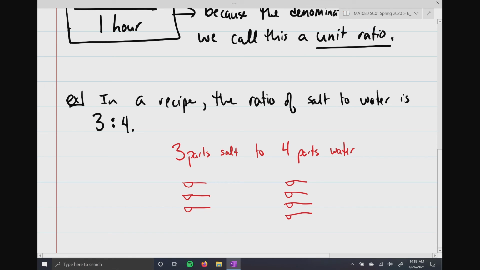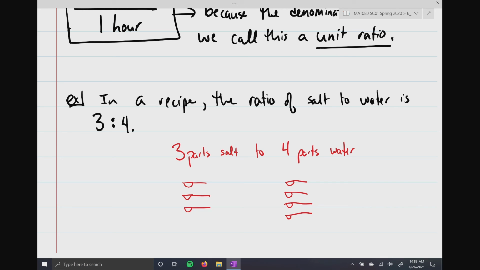But all this means is that if I'm going to use this teaspoon, I use three of them for salt and then 4 of them for water. If I use a measuring cup, or a bucket, I just use 3 buckets full of salt and then 4 buckets full of water. That's why baking can be so easy yet so difficult for some people, because it is a science. Your measurements got to be perfect.